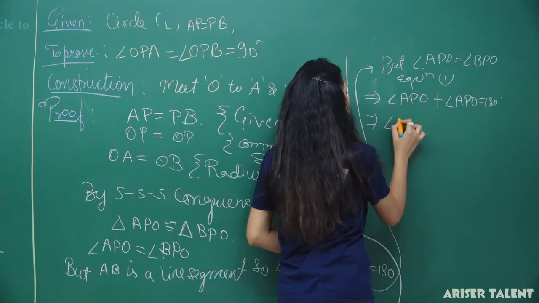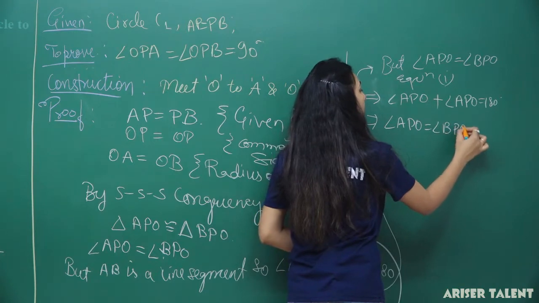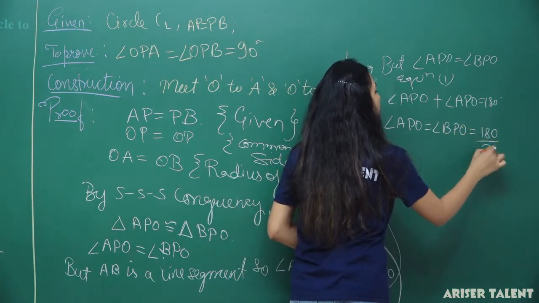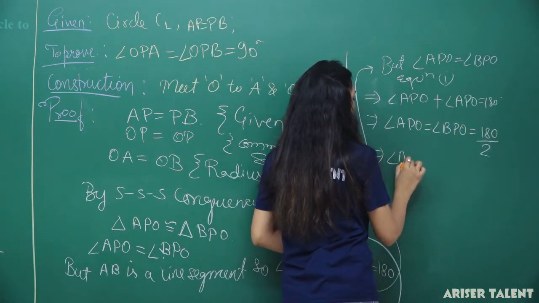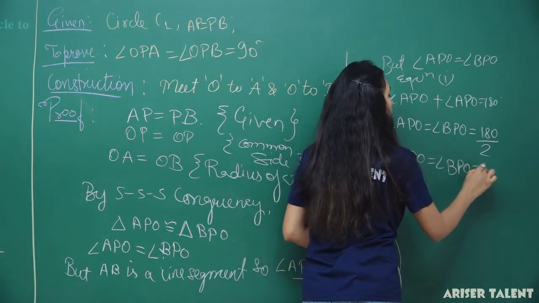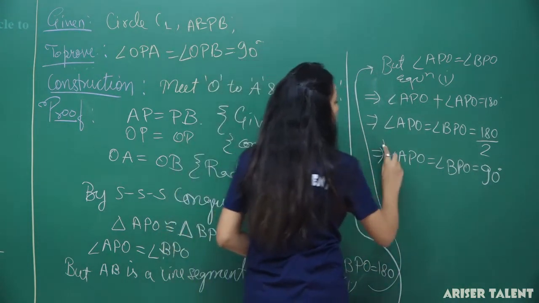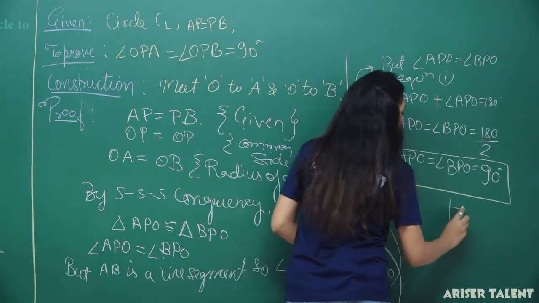This implies angle APO equals angle BPO equals 180 by 2. That means angle APO equals angle BPO equals 90 degrees. Right? And this is what we have to prove. Hence proved.